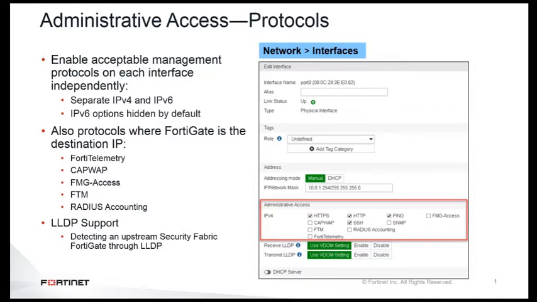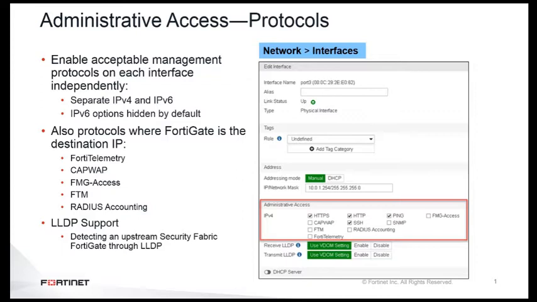FMG Access Protocol is used specifically for communicating with FortiManager when that server is managing multiple FortiGate devices. The CAPWAP protocol is used for FortiAP, FortiSwitch, and FortiExtender when they are managed by FortiGate. RADIUS Accounting Protocol is used when FortiGate needs to listen for and process RADIUS accounting packets for single sign-on authentication.